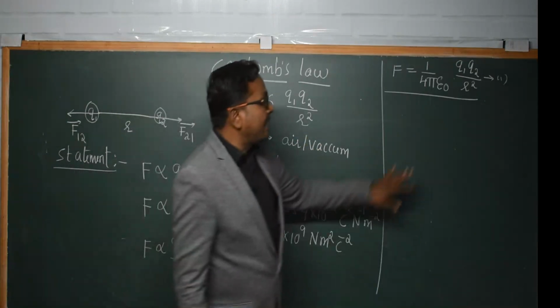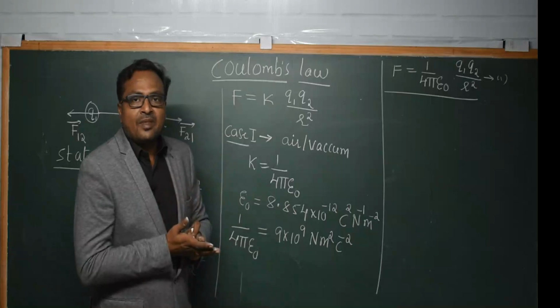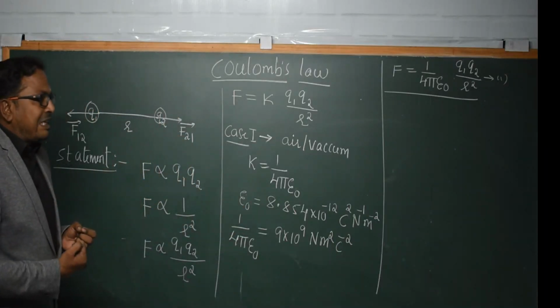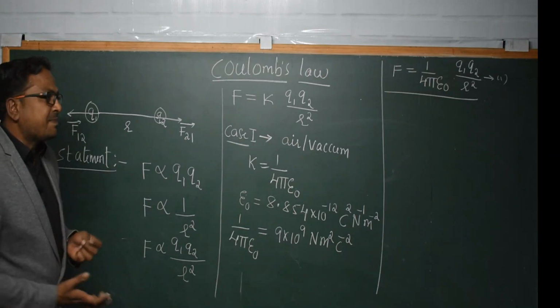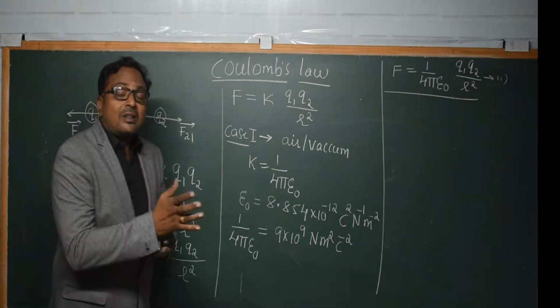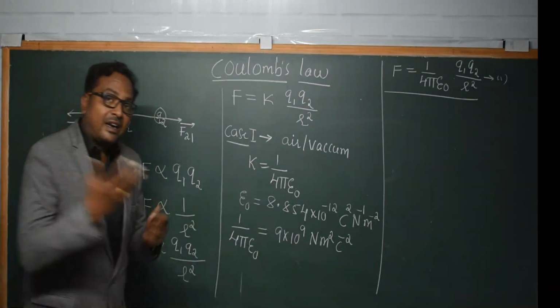So now you have understood the meaning of the epsilon naught here. Now the medium between is air, and epsilon naught is representing the permittivity of free space, and it is representing the ability of the vacuum or the air to permit the electric field, or I can say the field lines.